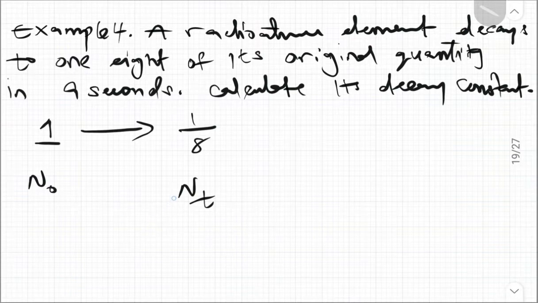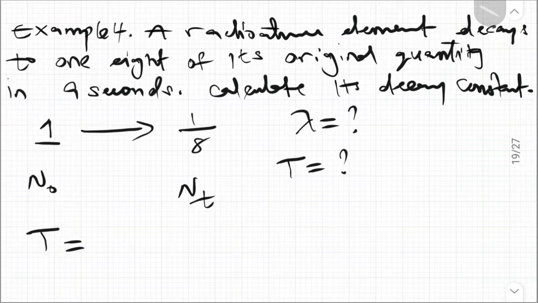So of course we have to calculate the decay constant. Now we don't know the half-life, but we know from the previous video that half-life is... of course we're given 9 seconds, but 9 seconds here is not the half-life, because it reduced to 1/8, not 1/2, not actually from 1 to the half.